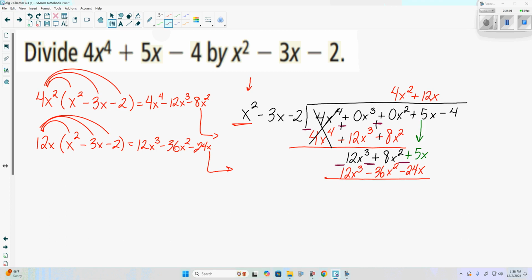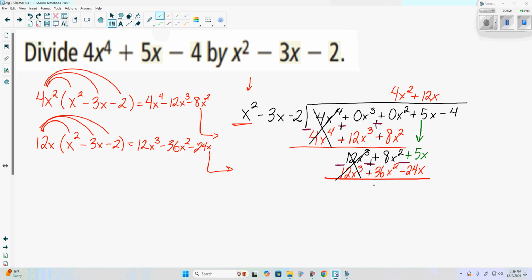And again, we're going to subtract. Negative 12x cubed minus 12x cubed. Negative 12 minus 12 is what? 0. 8x squared minus negative 36x squared. Our negative and negative is going to make a plus.